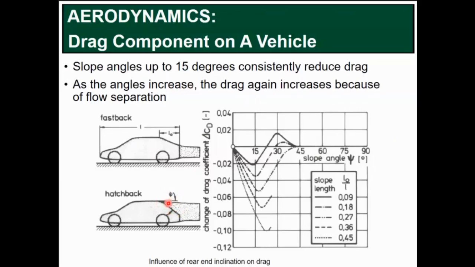As you can see, slope length LO. LO is the rear punya dimension to the end of the vehicle over L, the length of the vehicle from front to the back.